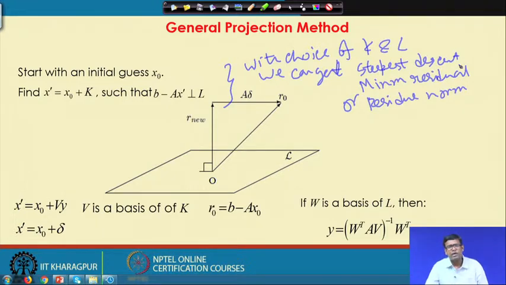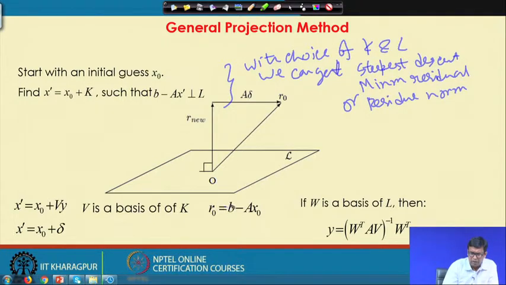So, if I again see what we are doing, we are updating the new guess value from x0 to x prime, which is x0 plus V y, where V is the basis of K and y are the coefficients multiplied with that. So, x prime is x0 plus delta, we are updating it so that the initial residual is r0 equals b minus A x0, and the new residual is r prime.